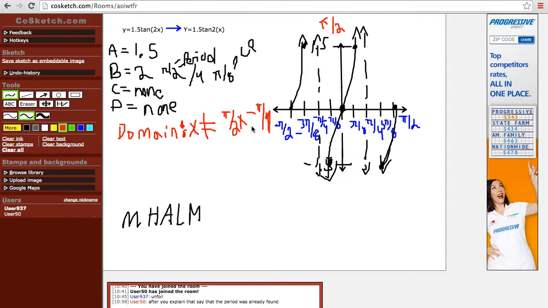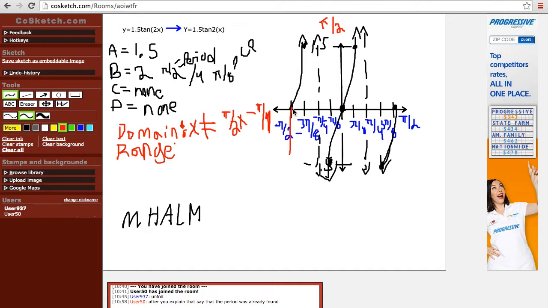So by plugging in 0, all you do is minus pi over 4. 0 times pi over 2 is 0, minus pi over 4 is negative pi over 4. Plug in 1. 1 times pi over 2 is pi over 2. Minus pi over 4 is pi over 4. So you know x cannot equal pi over 2x minus pi over 4.